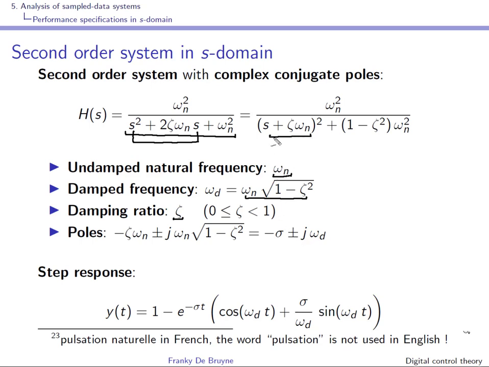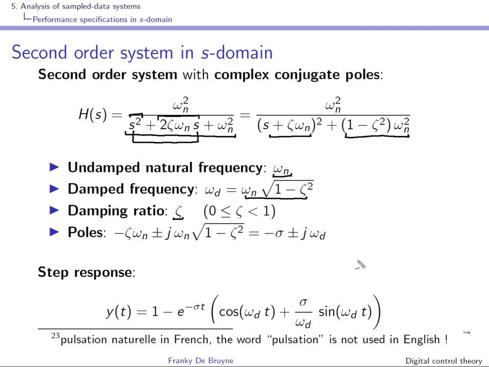construct a first square over here, s plus zeta omega n, and this will produce s square, this one, plus 2 zeta omega n s, and then you'll have also zeta square omega n square. Okay, and this zeta square omega n square you have to subtract, and so you end up with the second term over here.